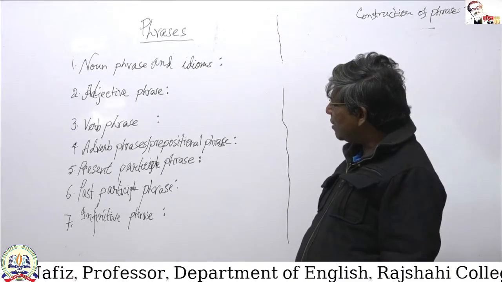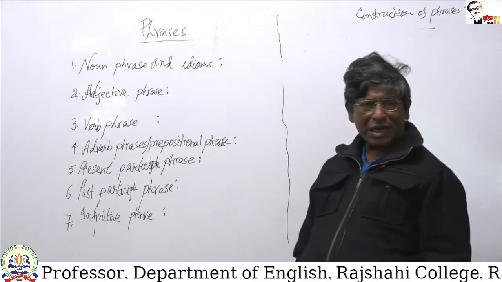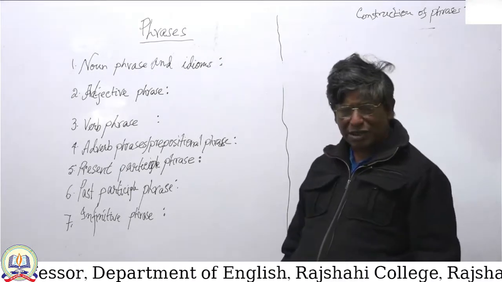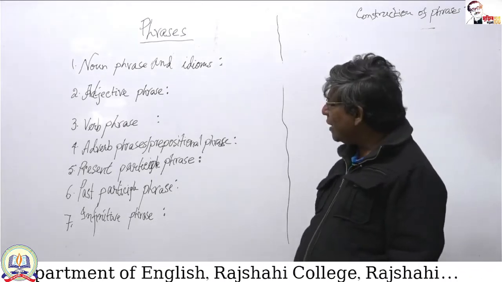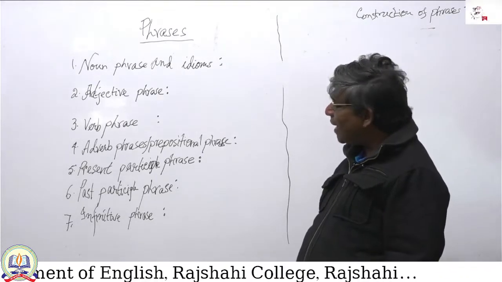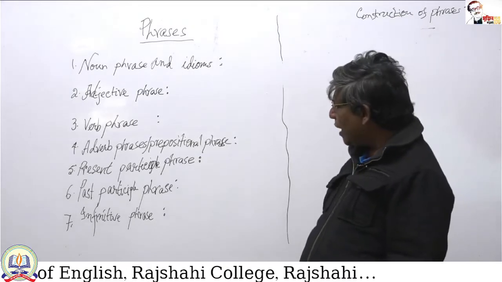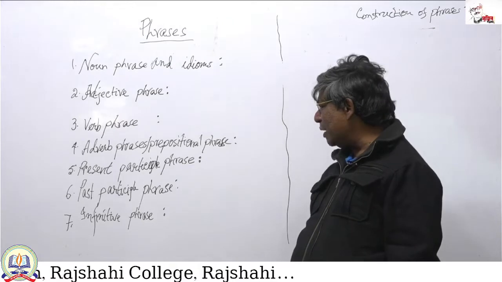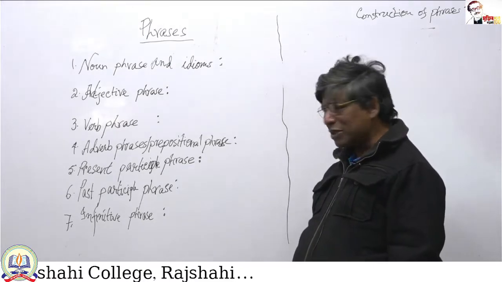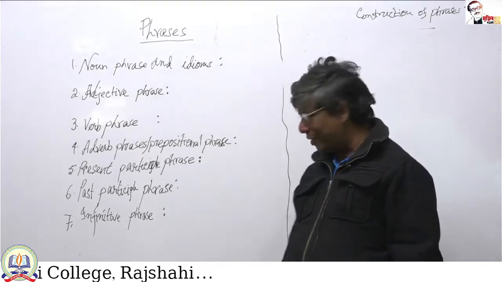As I have written noun phrases and idioms, and I have just told you the difference between a noun phrase and an idiom. We will also have adjective phrases. We have verb phrases, adverb phrases or prepositional phrases, present participle phrases, past participle phrases, and infinitive phrases.